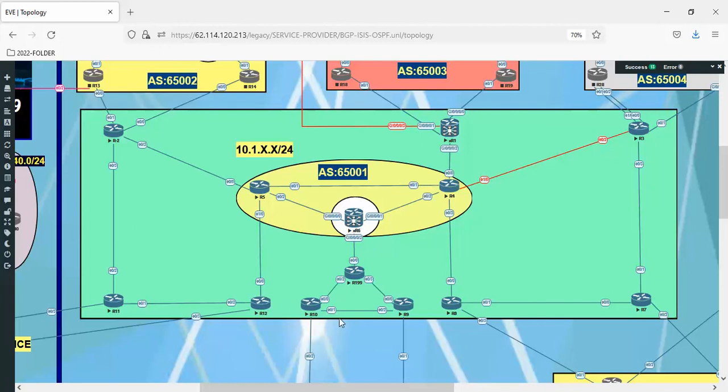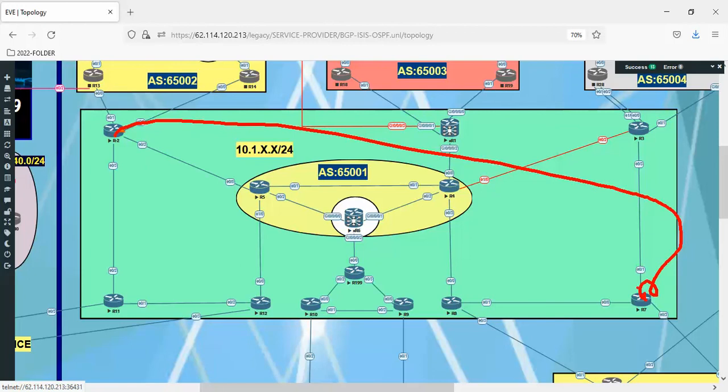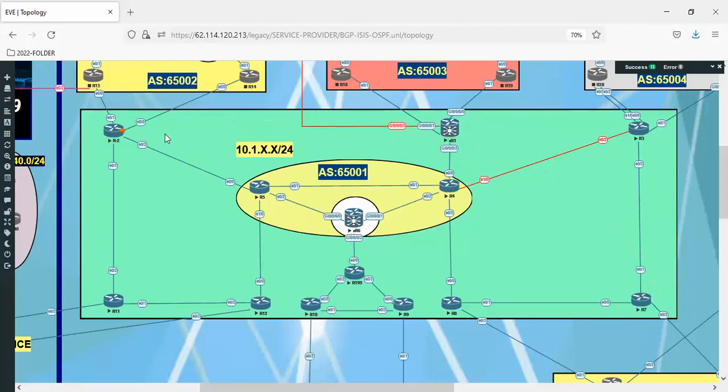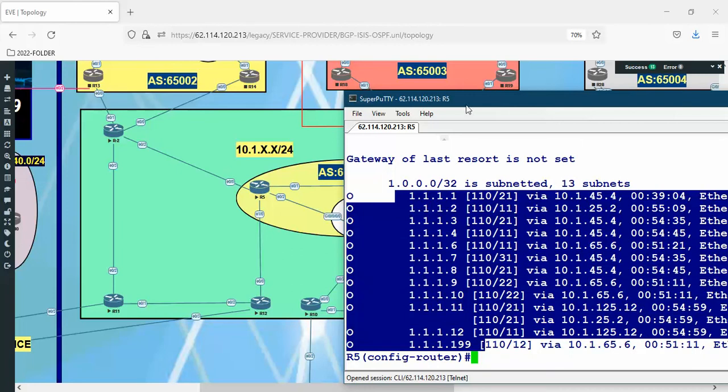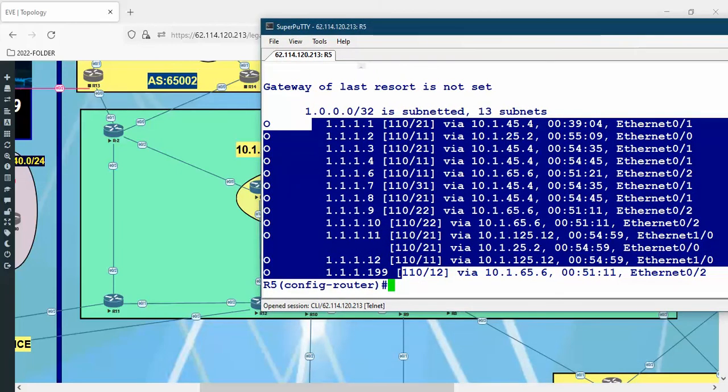So the question is, if we ping again from router 2 to router 7, is it going to be pingable? Do we have connectivity, or are we just seeing the loopbacks in the routing table without any reachability? Well, let's check it out.